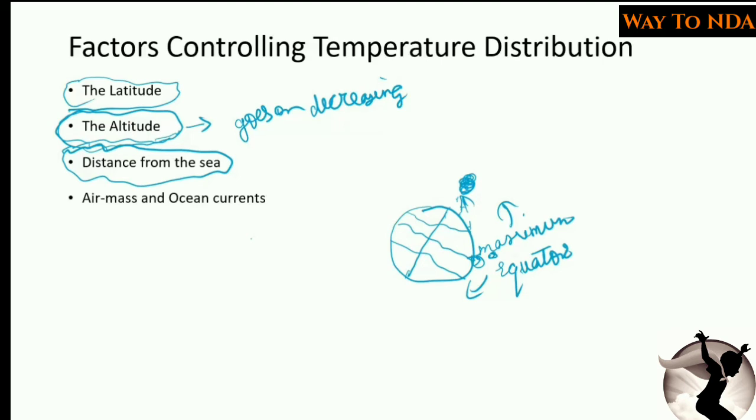So due to this temperature difference between the sea and the land surface, in the daytime the sun rays are falling equally on the sea and on the land.